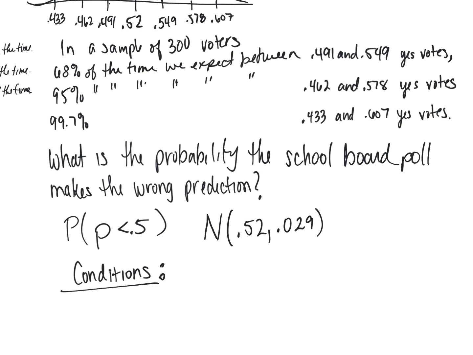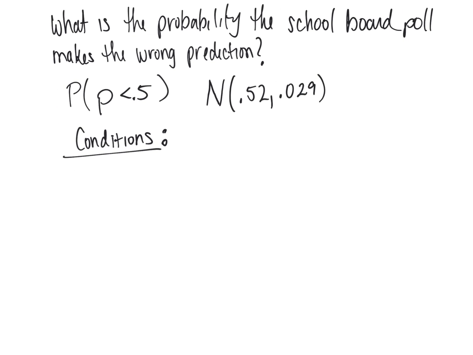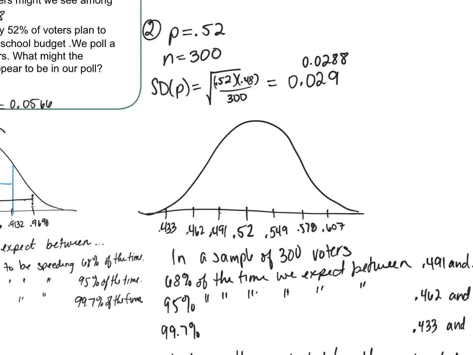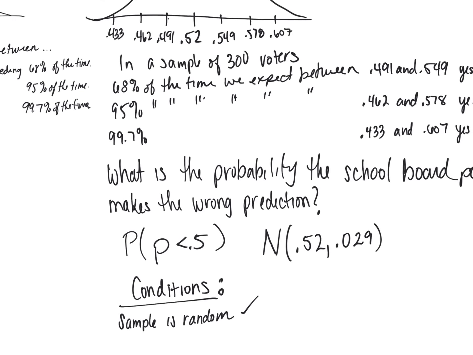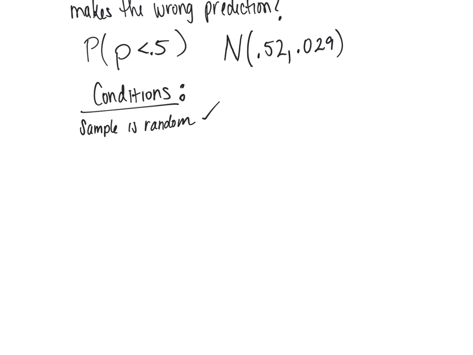So the conditions are sample is random. Is that true? Yes. It told us way over here that a random sample of 300 voters. The sample must be random in order for there to be independence.